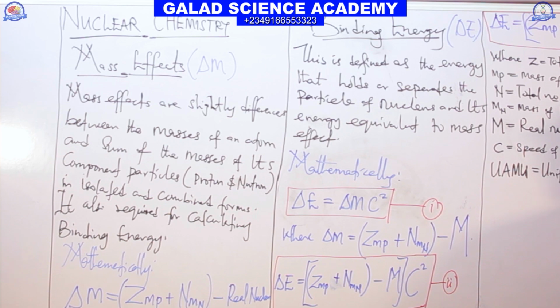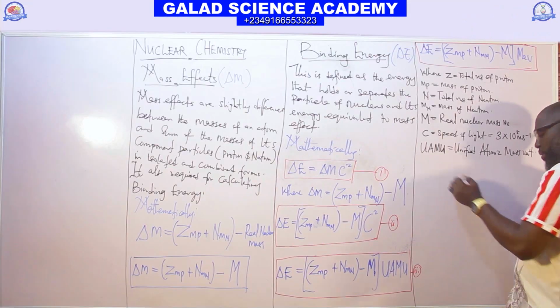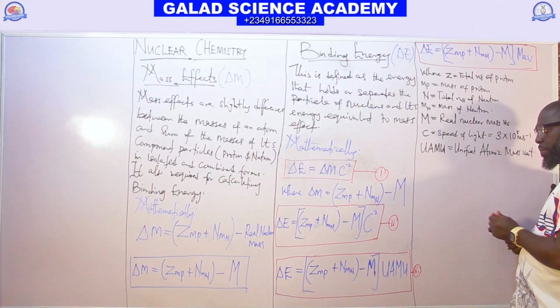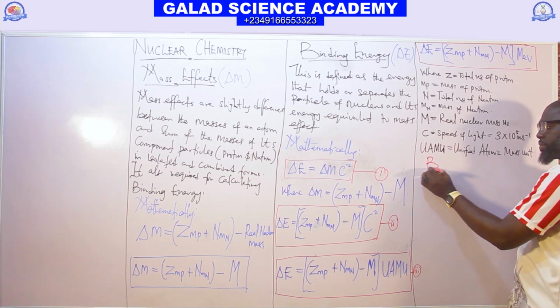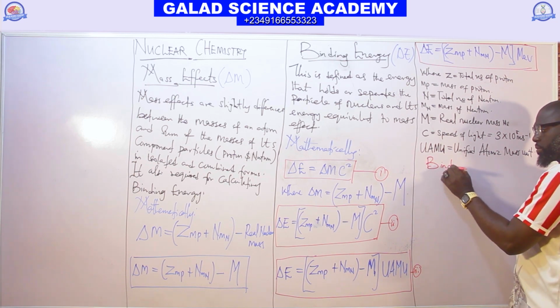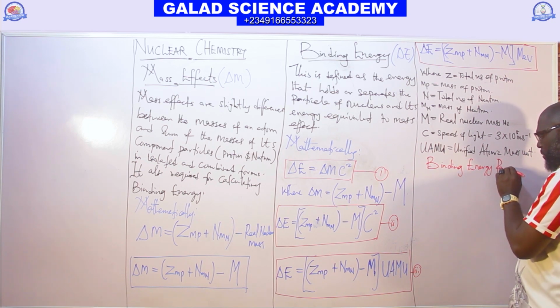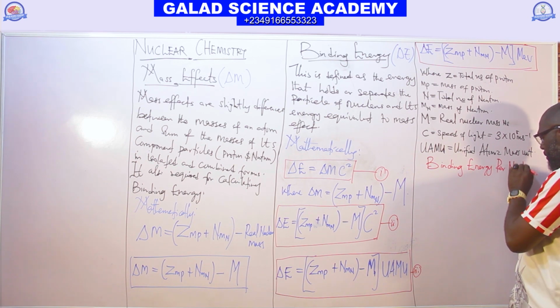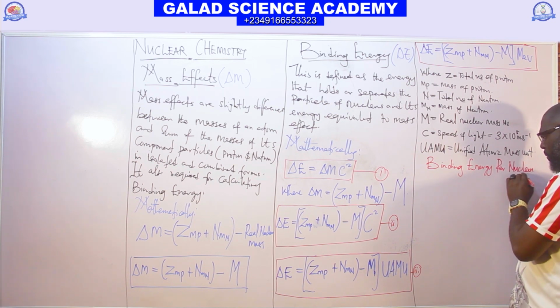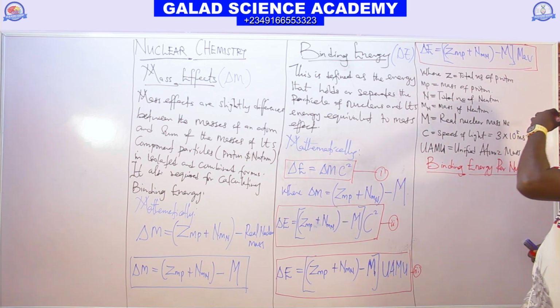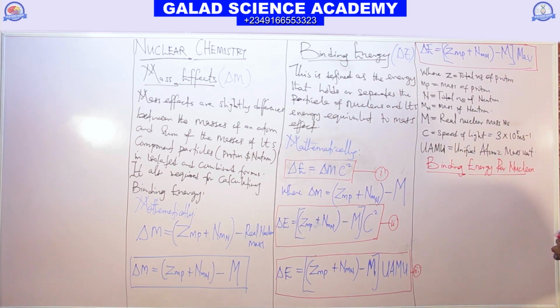So the next one is binding energy per nucleon. What is binding energy per nucleon?